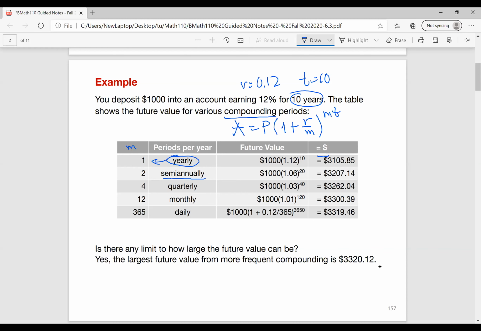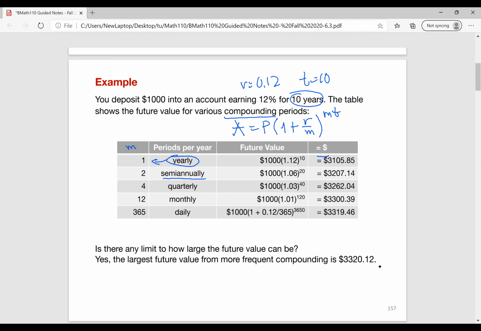Similarly for quarterly, which means the compounding is 4, you will have 3,262. It's also greater than semi-annually. And then for monthly, which means 12 times a year, you're going to have 3,300, which is also greater than quarterly.